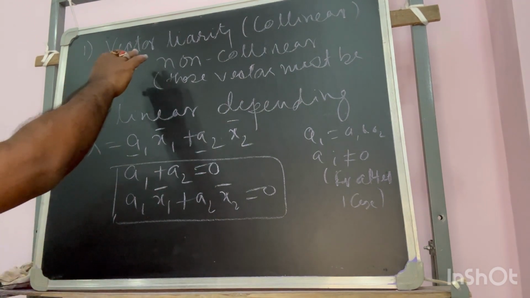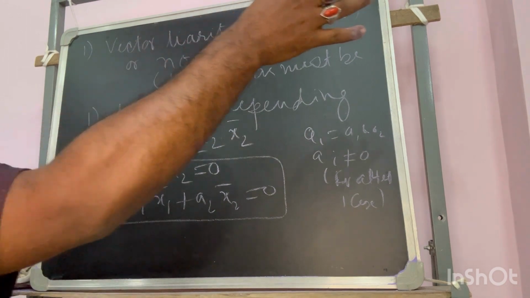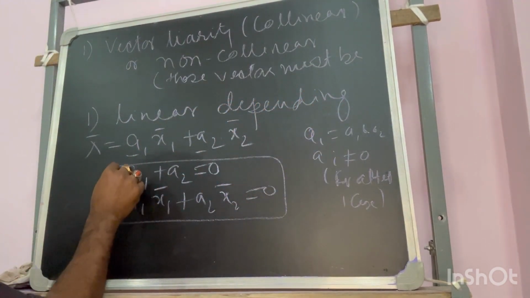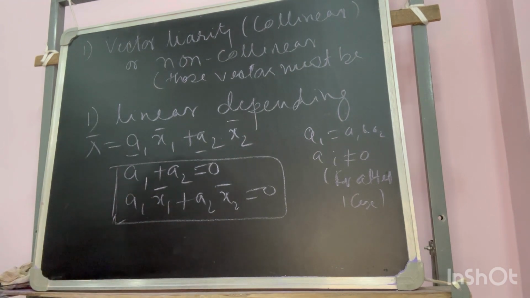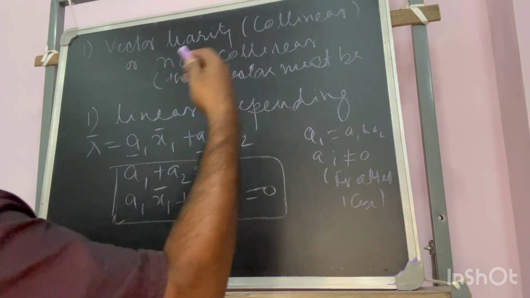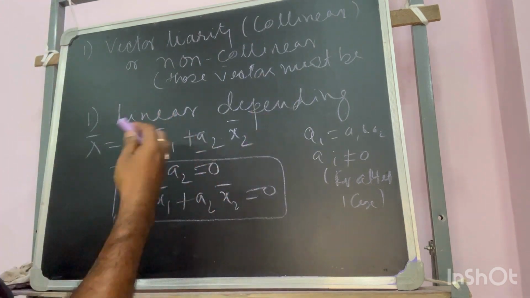So if it is collinear, apart from the three conditions I have discussed, it has to be linearly dependent. For linear dependency, this is the condition. This is useful when you do a linear dependency test, because there is another term, non-collinear, which means they are not linearly the same.